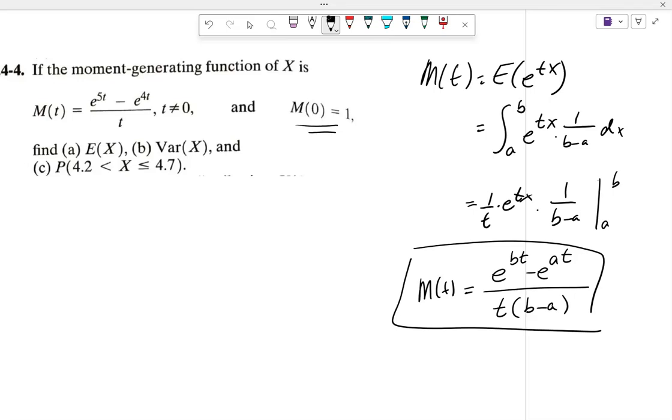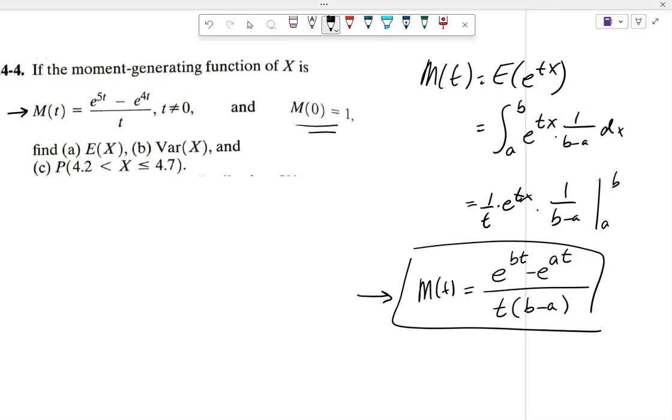The reason I mention it in this case is I want to look at this moment generating function. Does that moment generating function fit this form? And what are the a and the b? 5 and 4, right? The a is 4, the b is 5. Notice it also needs to work on the denominator, right? But 5 minus 4 does give you 1, correct?